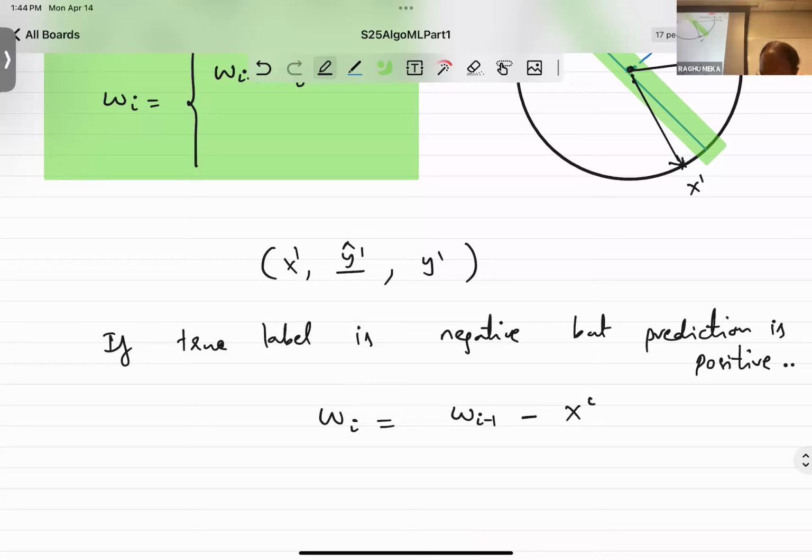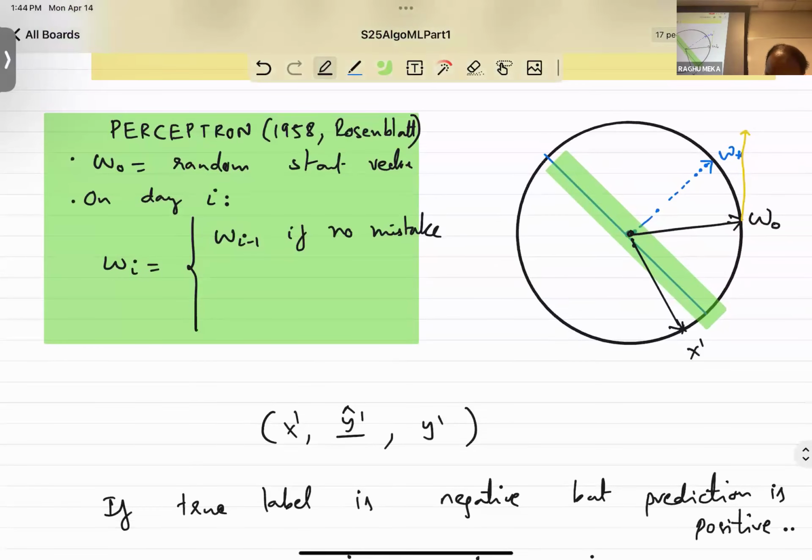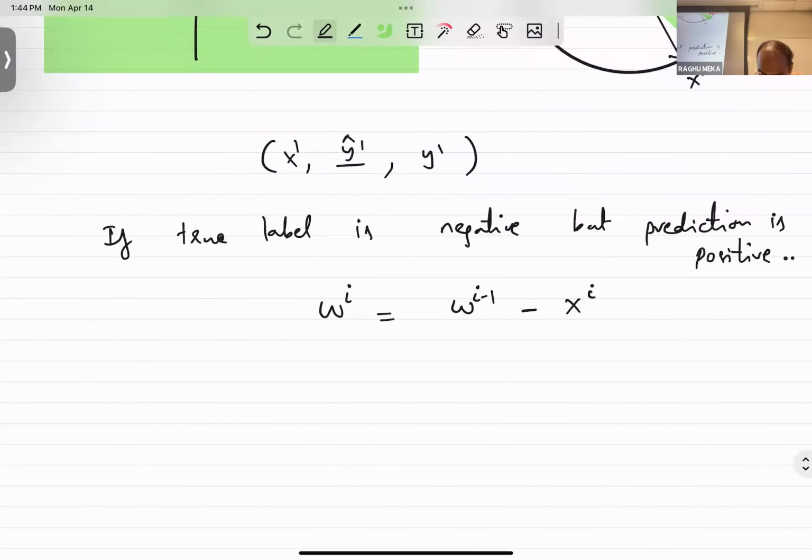Let me use all superscripts so that I don't get confused. Okay. So whenever I make a mistake and the true label was negative, I should just kind of move in the opposite direction to this example. Again, that will move a little bit towards W star. That's the intuition. Okay. And in the other case, you would do the opposite.